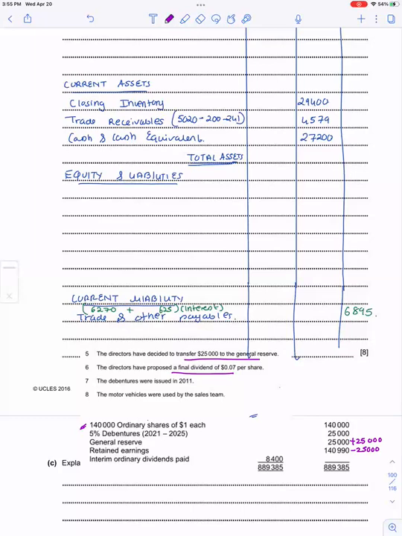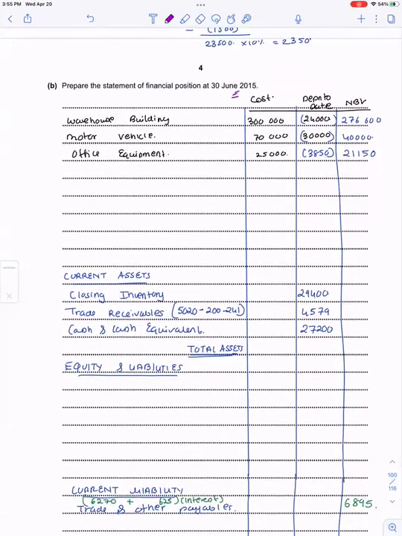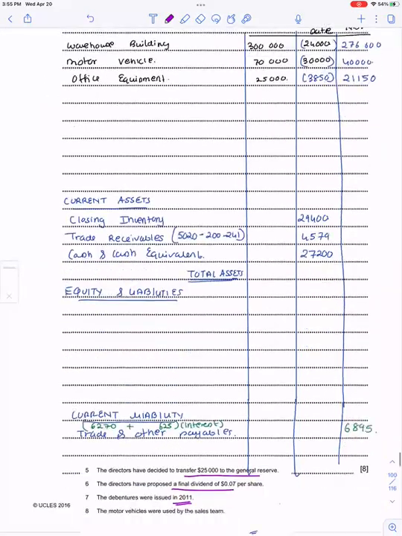Debentures were issued in 2011. So what do I do? Five years are left still. 2011, 12, 13, 14.